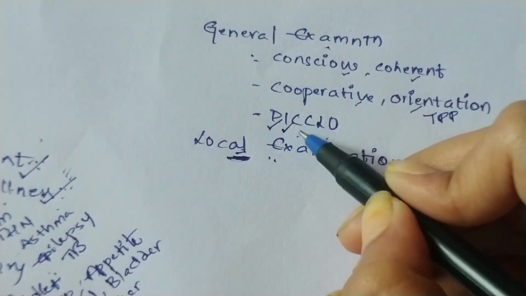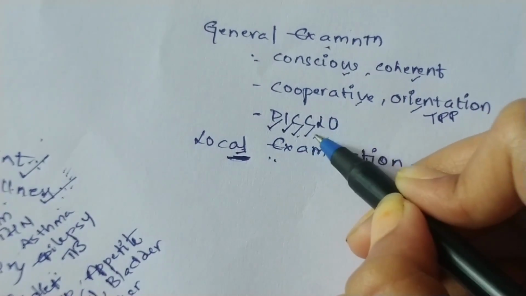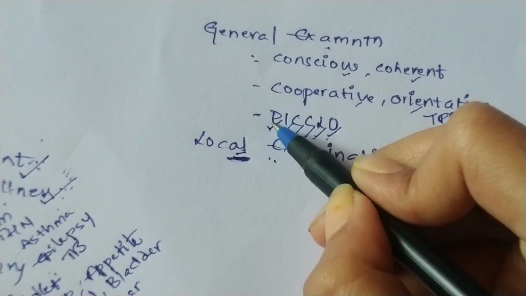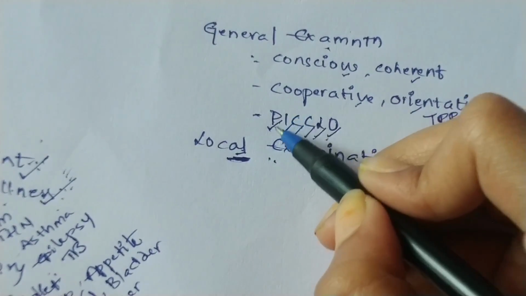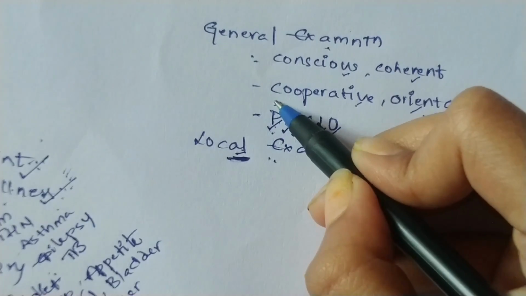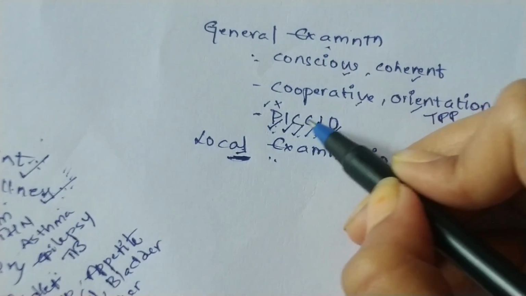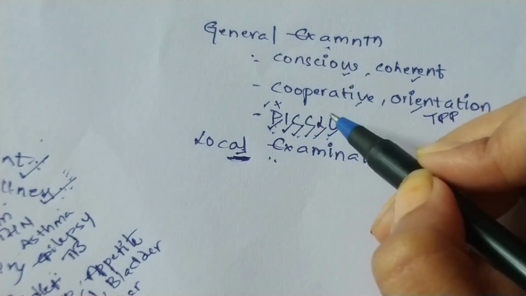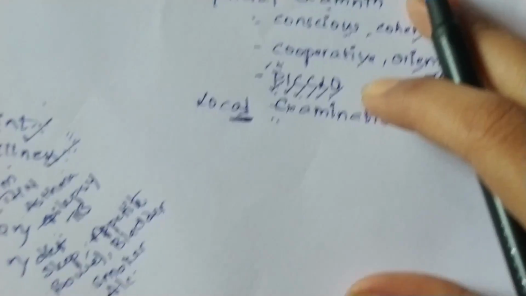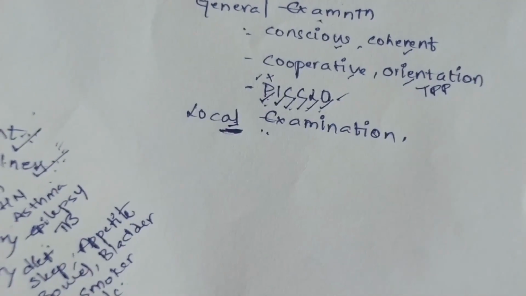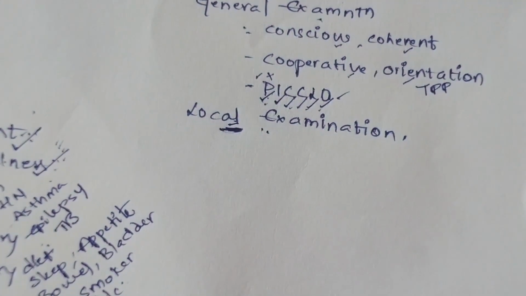Pallor, icterus, cyanosis, clubbing, lymphadenopathy, and edema. What is pallor? Anemia. If there is anemia, you will keep positive. If there is no anemia, you will keep negative. And likewise, you will do all these examinations. You must have read this in your physiology itself, so I am not going to go into detail on that.